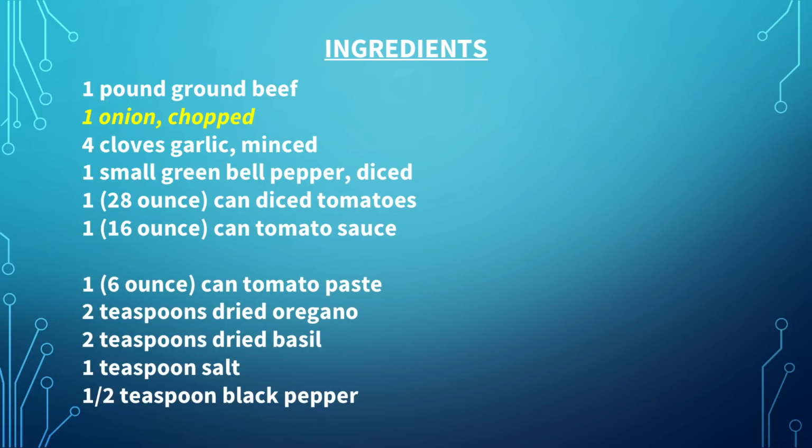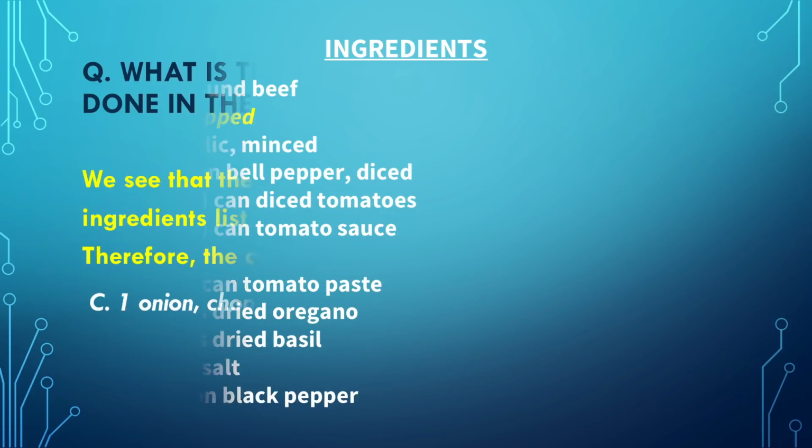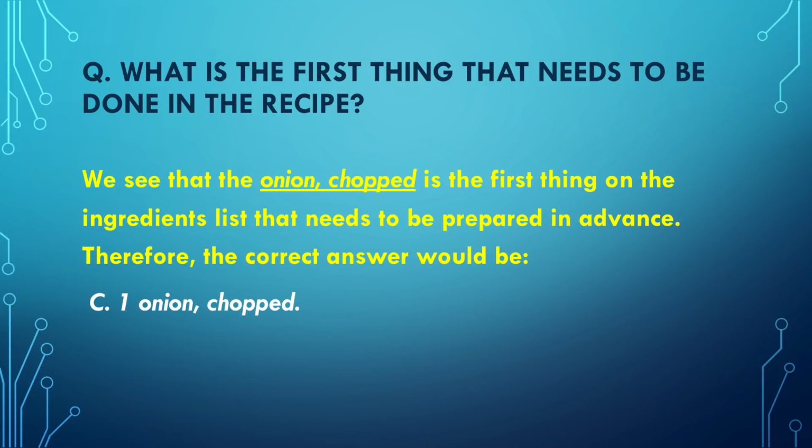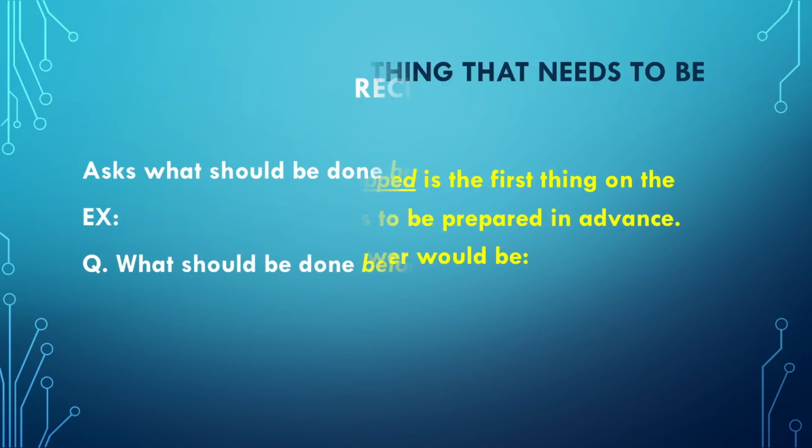So we know we go straight to the ingredients and look, the second item on the list, 1 onion, it has to be chopped before you can use it. Therefore, that would be our correct answer. Again, we see that the onion chopped is the first thing on the ingredients list that needs to be prepared in advance. Therefore, the correct answer would be 1 onion chopped.